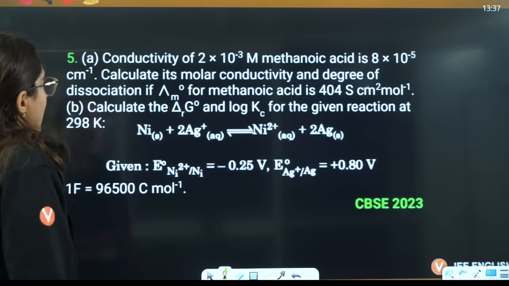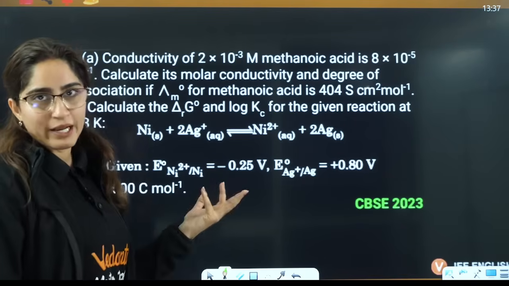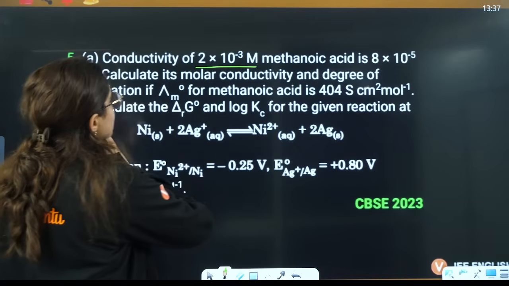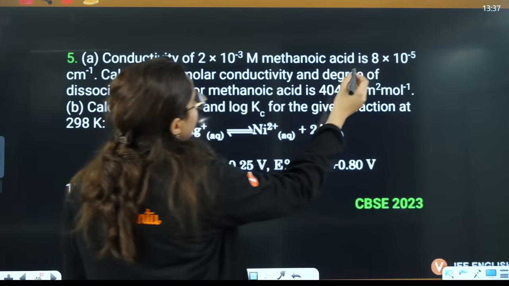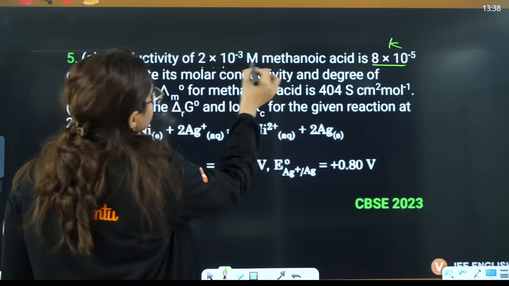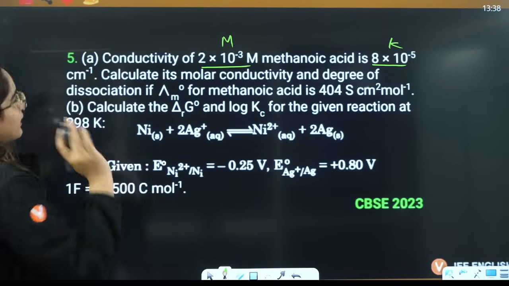Okay, so here it is. This is from electrochemistry. The conductivity of this molar methanoic acid is given; conductivity means kappa. The molarity is also given. Calculate its molar conductivity and degree of dissociation.